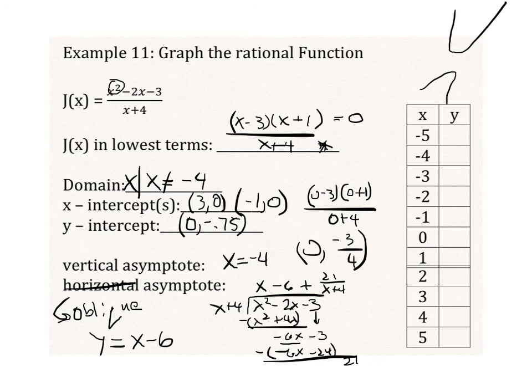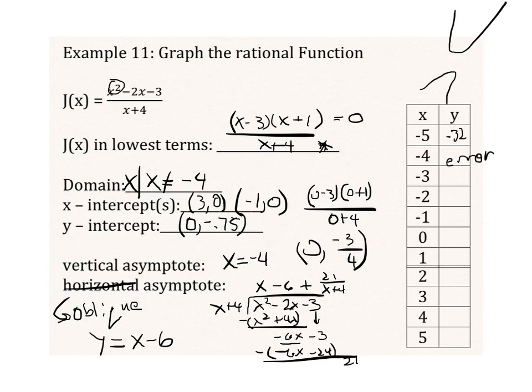But then we can go to table still. Second table. And we want to start at -5 again. You could start wherever you wanted. Maybe even start at -7. -5 goes to -32. Then we have an error at -4, which you should expect because your vertical asymptote's at -4.